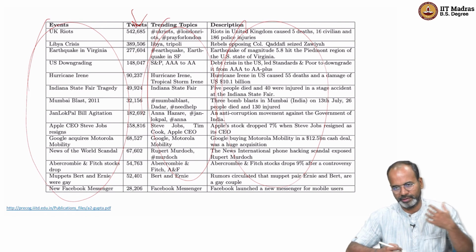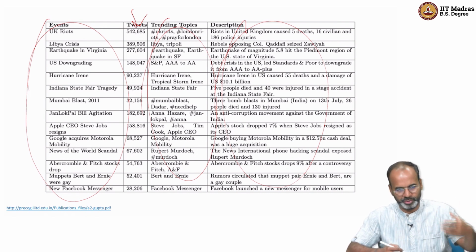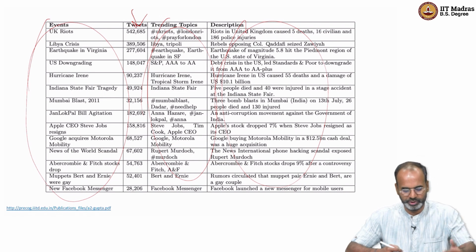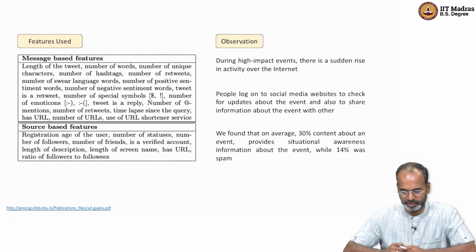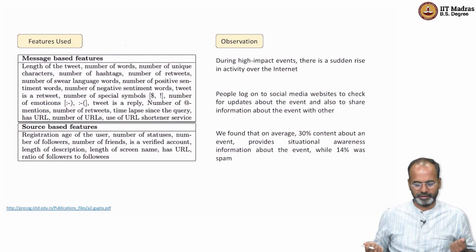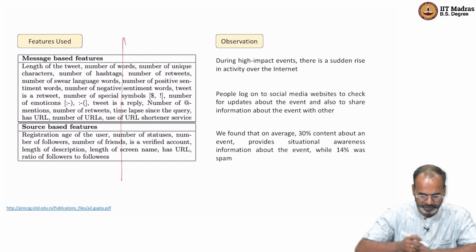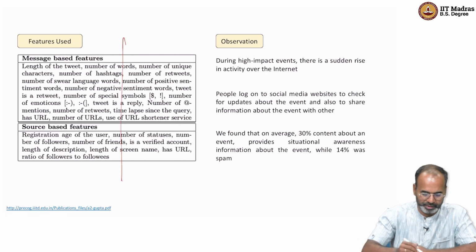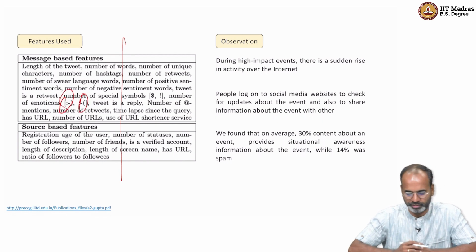We use all these features of the tweets that were used by Castillo, and use them for multiple events to find out whether we can actually predict whether a given tweet from different events is fake or not. Same set of features as Castillo showed. We started adding emojis also.